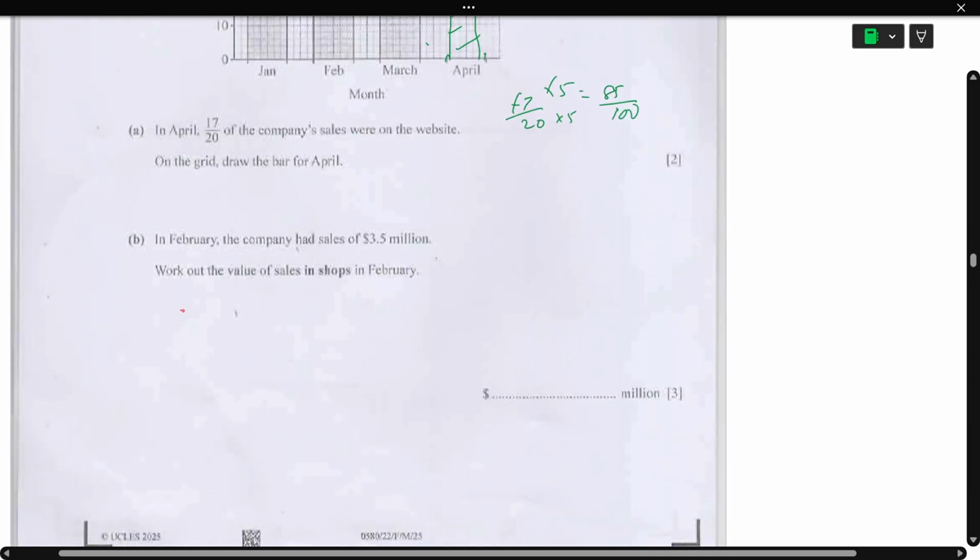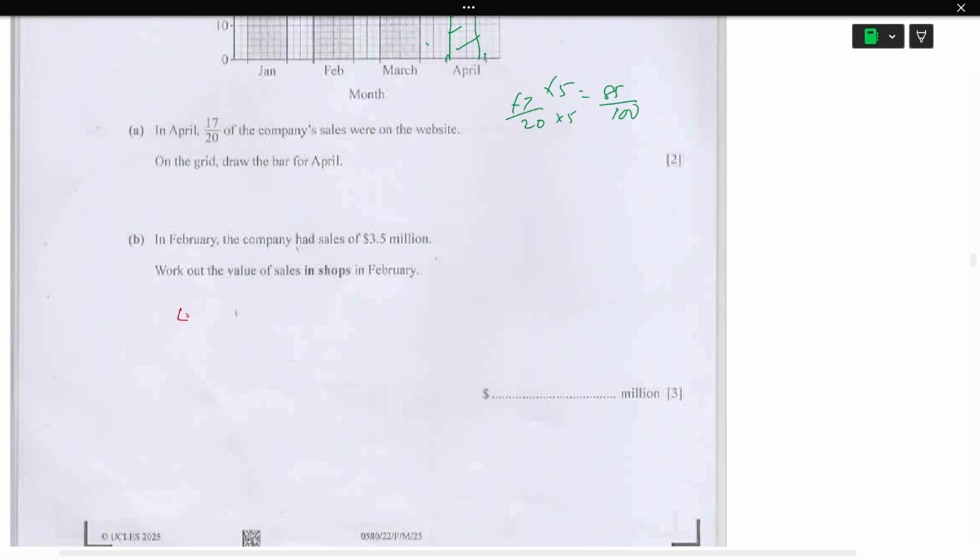So we'll calculate 40 percent of 3.5 million: 40 over 100 times 3.5, which is 4 over 10 times 3.5. So this is 2, this is 5, this is going to be 0.7, which is 1.4 million.